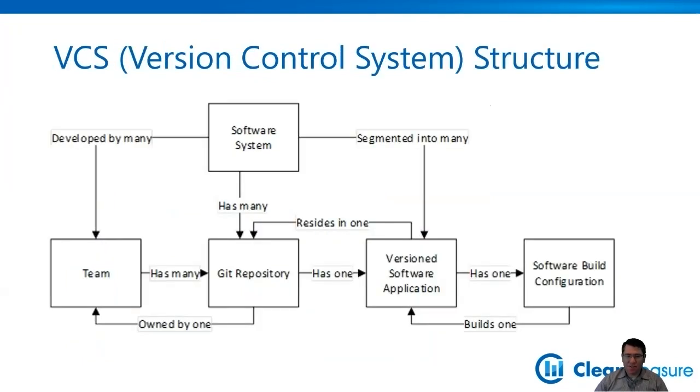All right, next is the version control system structure. Now, Octopus Deploy needs deployable packages. Deployable packages come from deployable components of software. Deployable components of software come from building certain Git repositories.